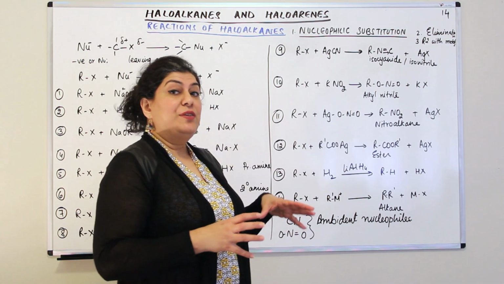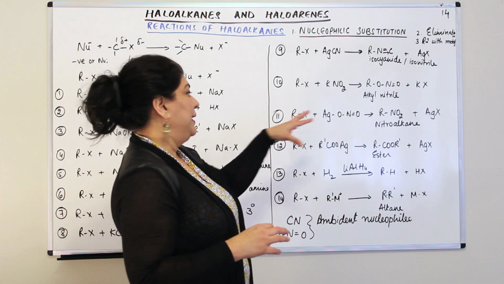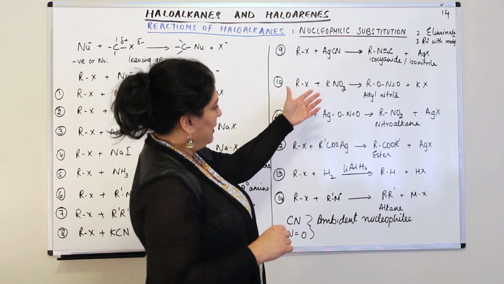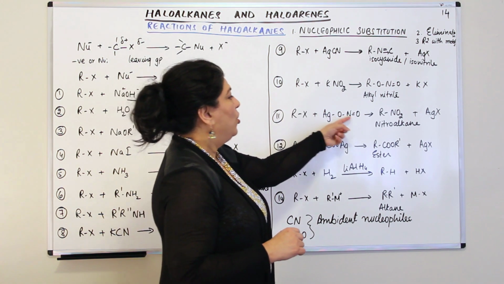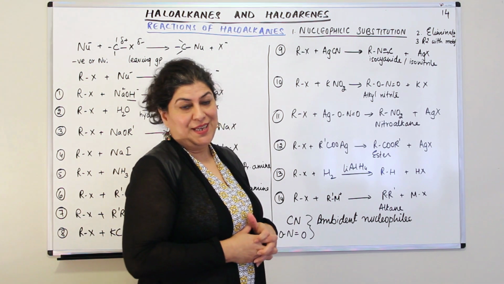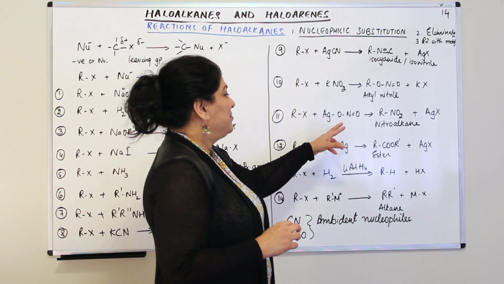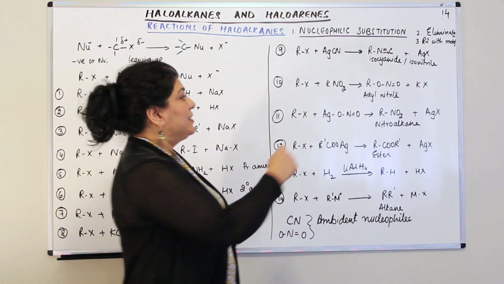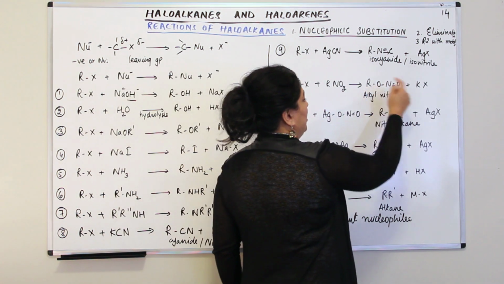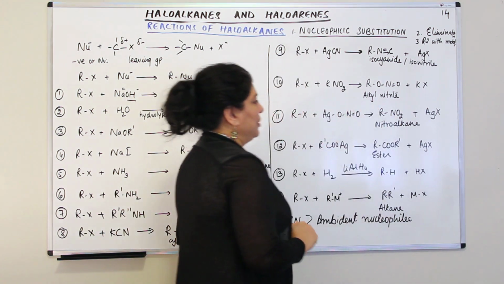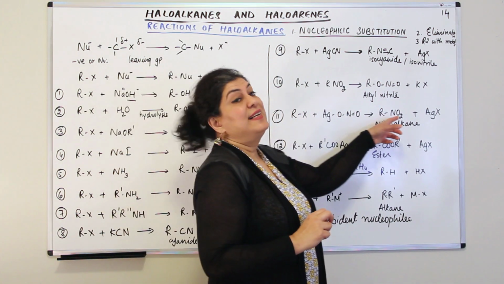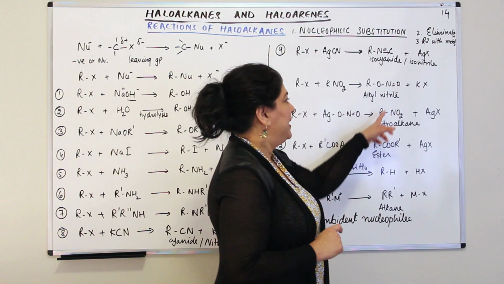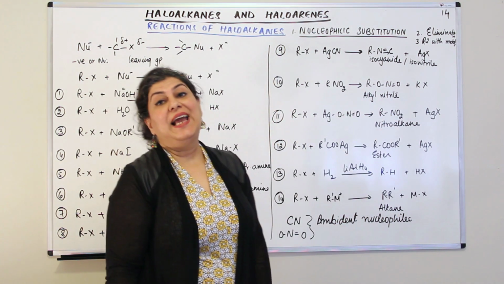So what happens when you have an ambident nucleophile like the nitrite group? If you have RX and you combine it with, again, the same situation, AgONO, that is silver nitrite, the attachment does not take place at oxygen, it takes place at nitrogen. And what you get is nitroalkane. Instead of getting alkyl nitrite, you get nitroalkane.